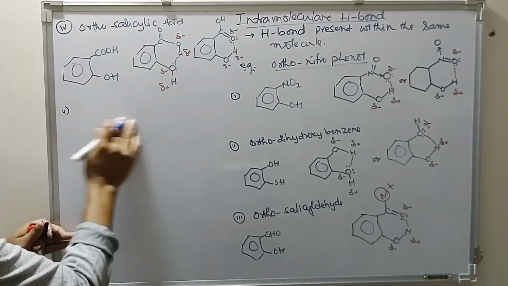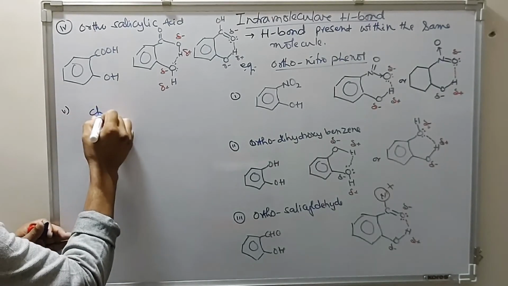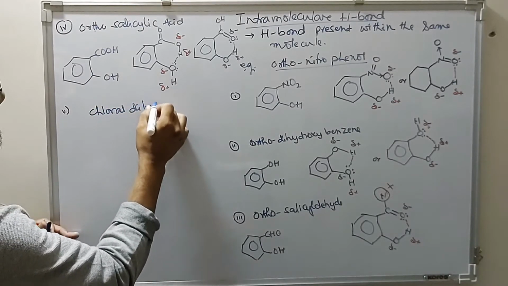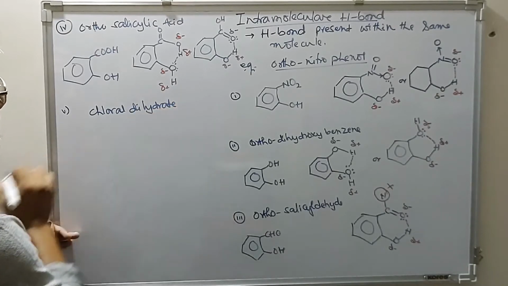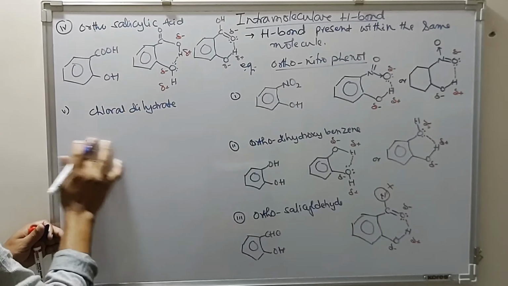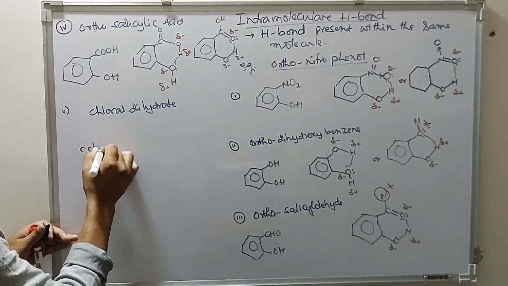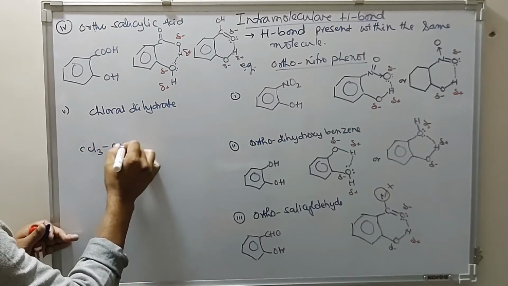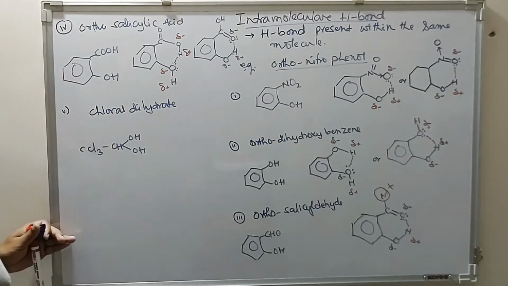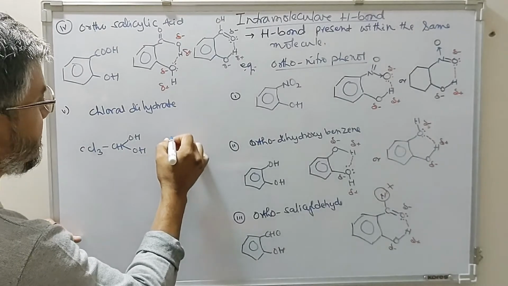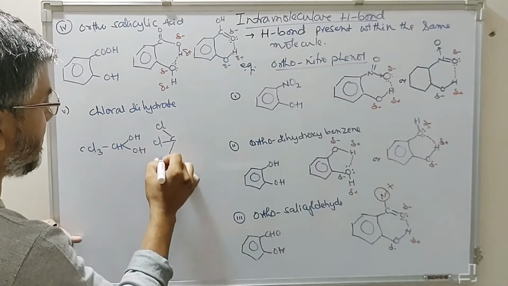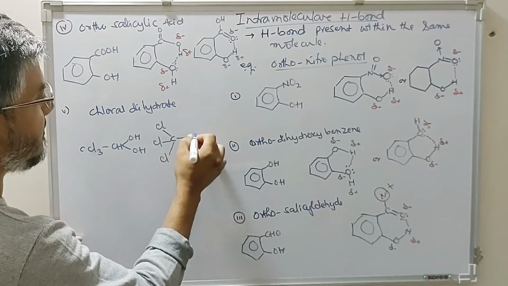So we have chloral hydrate, CCl3CH(OH)OH, with the structure C, Cl, Cl, Cl.